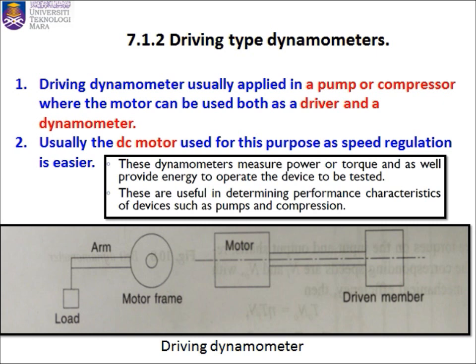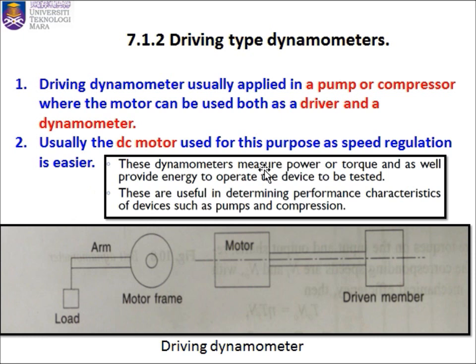Next is driving type dynamometer. Driving dynamometer is usually applied in a pump or compressor, where the motor can be used both as a driver and a dynamometer. Usually a DC motor is used for this purpose, as speed regulation is easier.